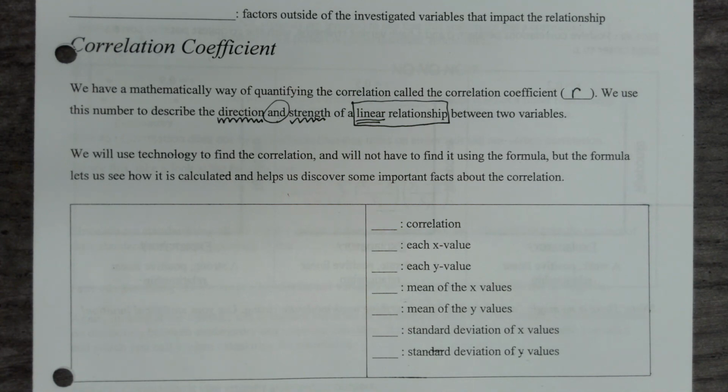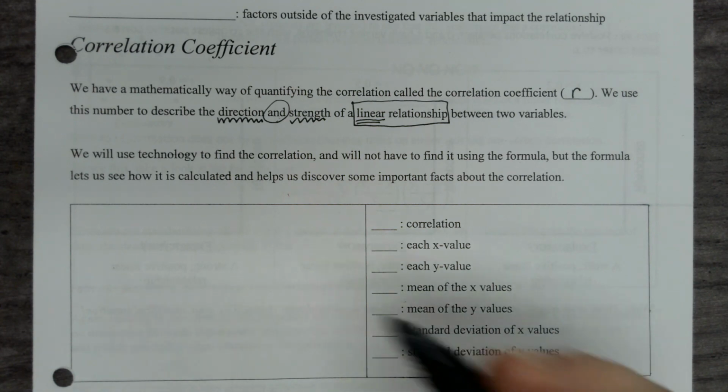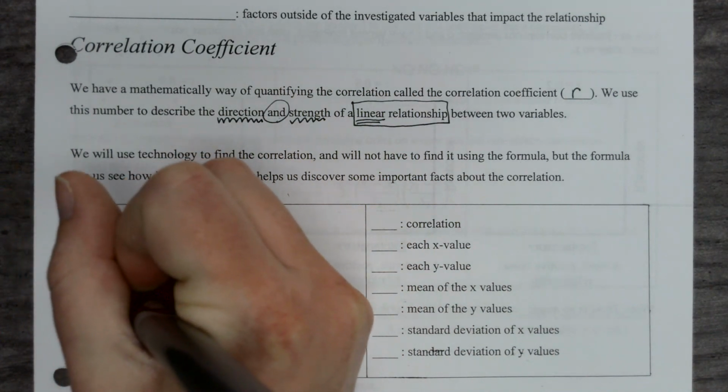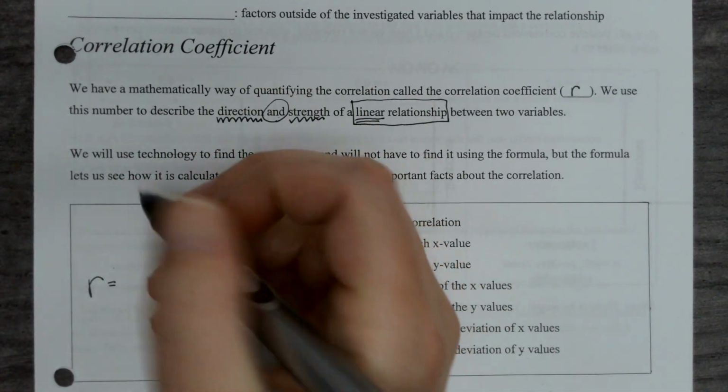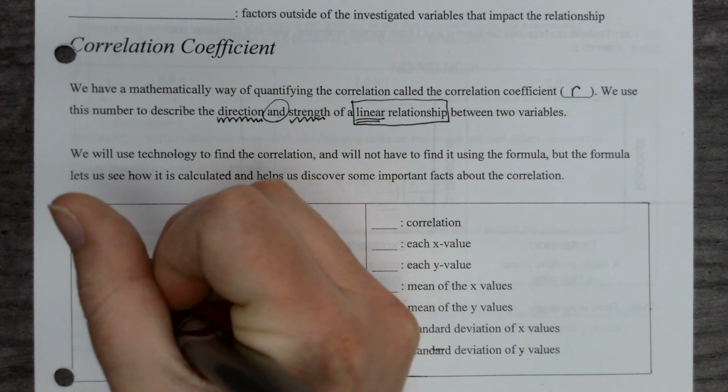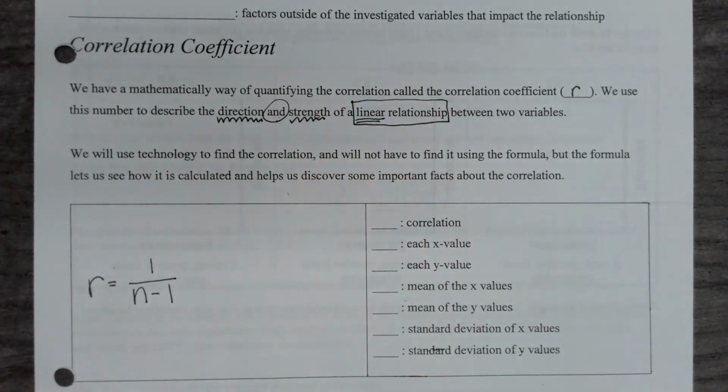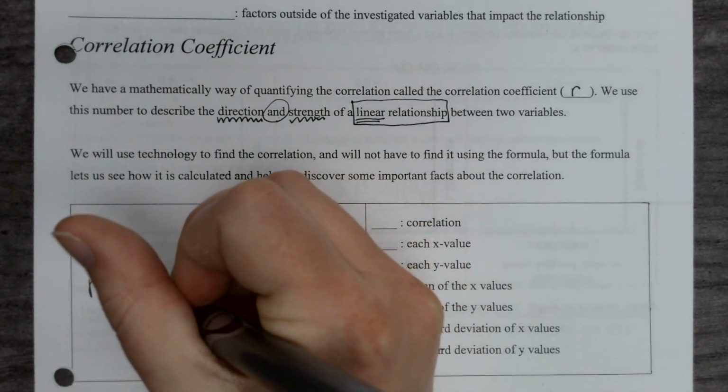So looking at the formula, we have our R, which is our correlation coefficient. We take 1 divided by n minus 1, and we already talked about n: n is the number of observations.